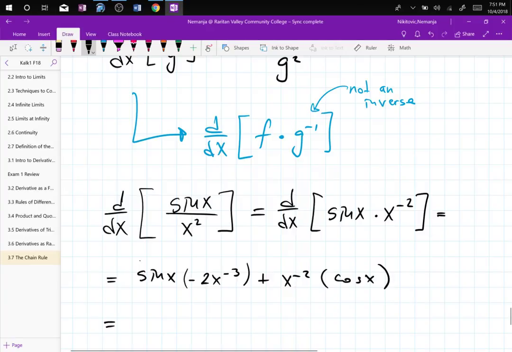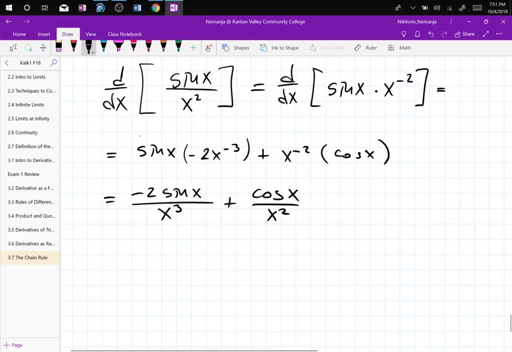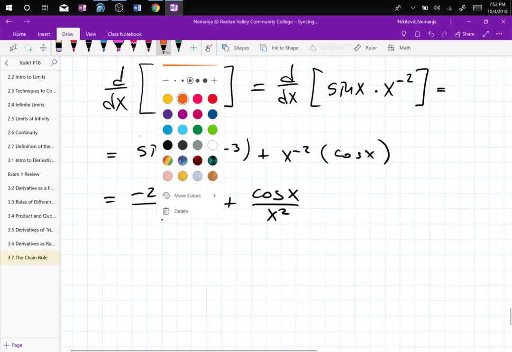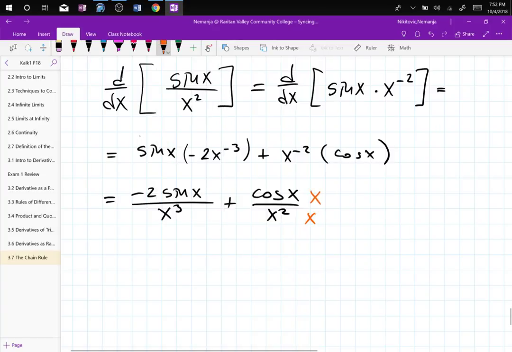Now we have negative 2 sine x over x cubed plus cosine x over x squared. And I will multiply the second term by x over x to make a common denominator of x cubed.